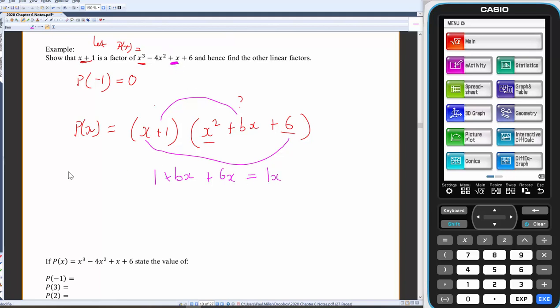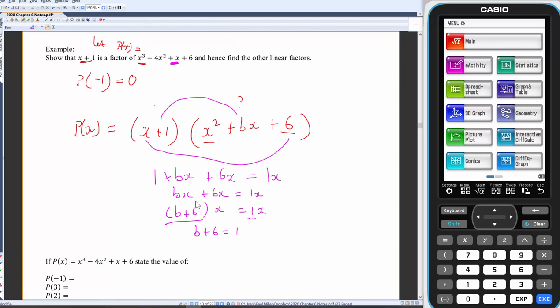That is going to equal the x term up here, which is 1x. Note that 1 multiplied by bx is bx, so bx plus 6x equals 1x. Factoring out the x, b plus 6 times x equals 1x. We equate these coefficients, so b plus 6 must equal 1.